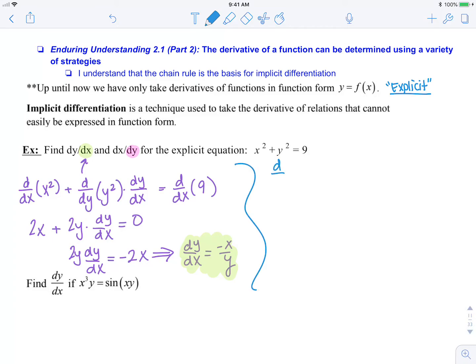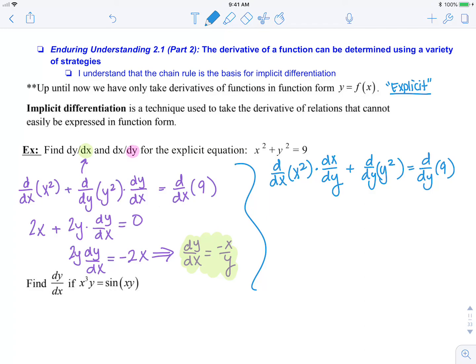Now we have d/dx of x squared, but then I have to multiply by the chain rule dx/dy because we're taking the derivative with respect to y, plus d/dy of y squared equals the derivative with respect to y of 9.